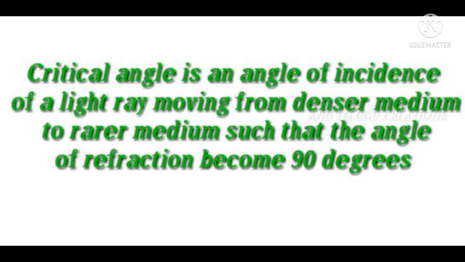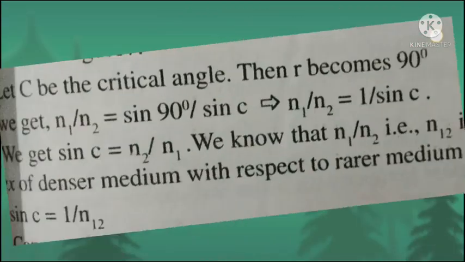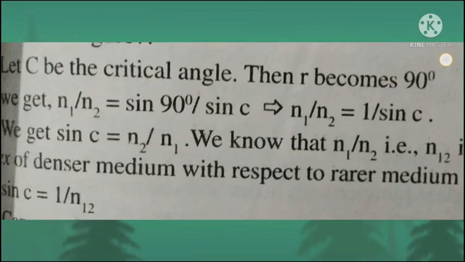Let C be the critical angle, then R becomes 90 degrees. Here R means refracted angle. From Snell's law, we get n1 by n2 equals sin 90 by sin c. This implies n1 by n2 equals 1 by sin c, since sin 90 value is 1. We get sin c equals n2 by n1.